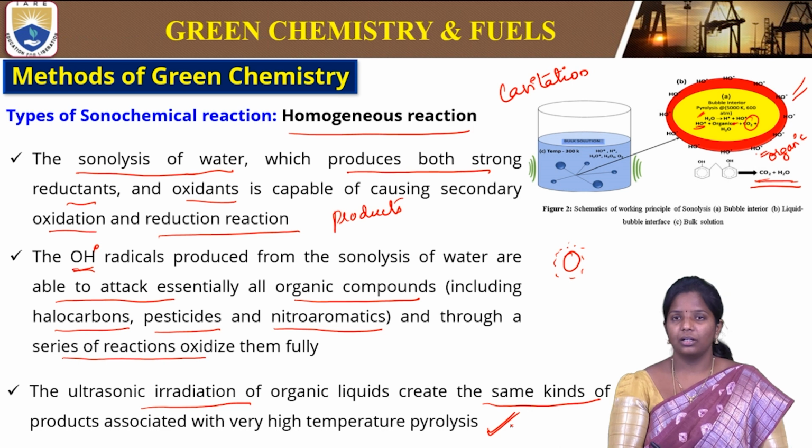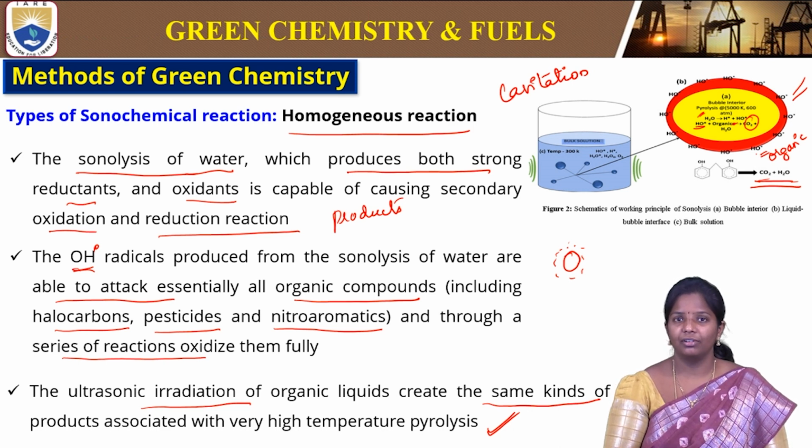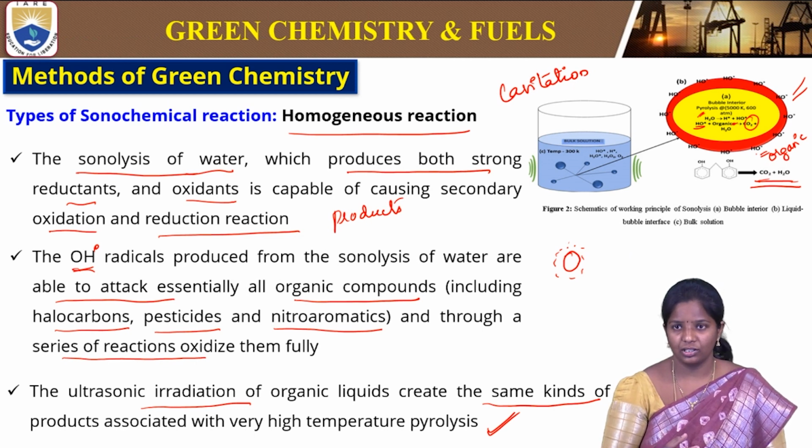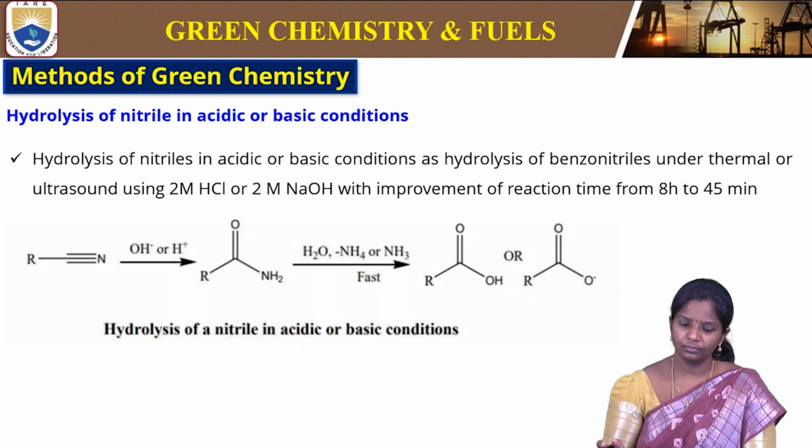So this reaction favors the same outcome wherein we would otherwise use very high temperatures for pyrolysis. With this simple method, we can produce the same products that are produced from high temperature reactions.